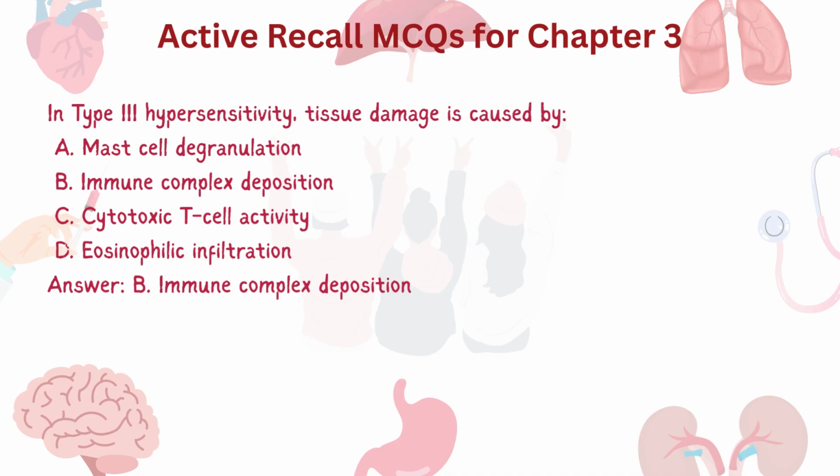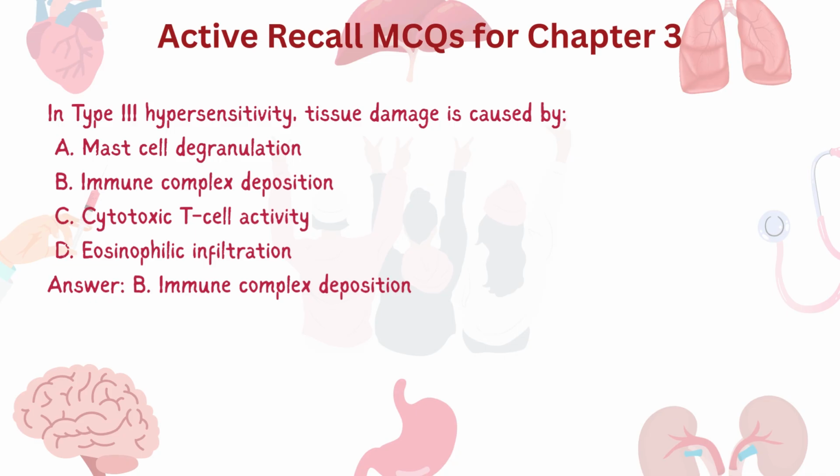The next question is, in type 3 hypersensitivity, tissue damage is caused by which of the following factors? The options are option A, mast cell degranulation, option B, immune complex deposition, option C, cytotoxic T cell activity, and option D, eosinophilic infiltration.